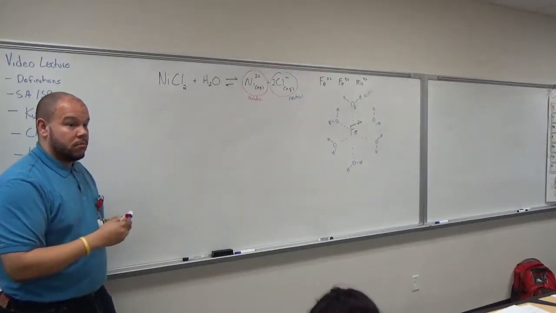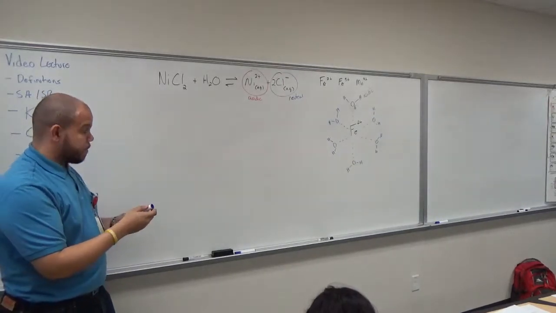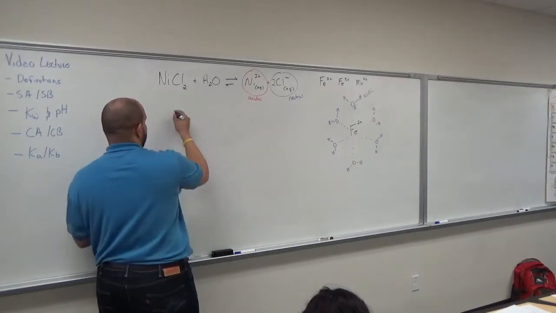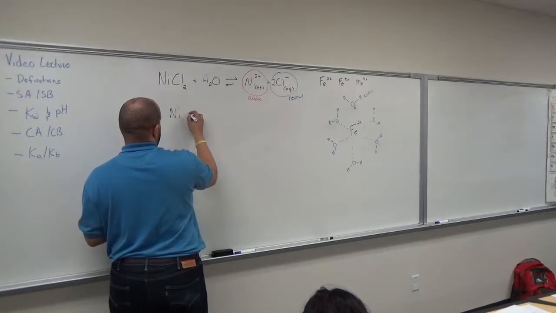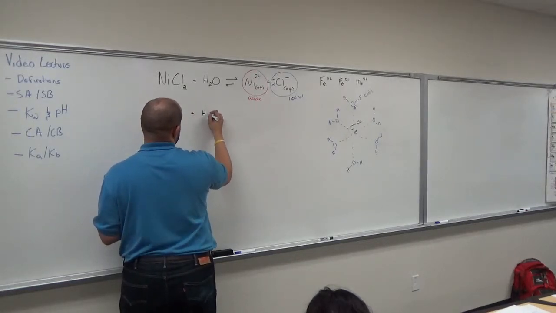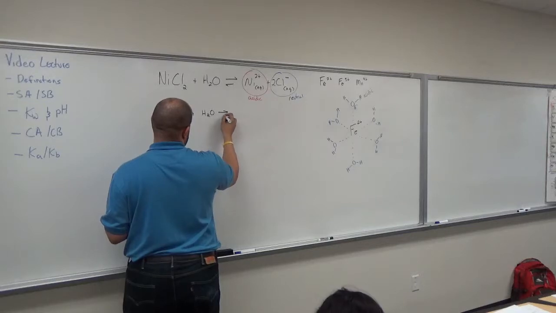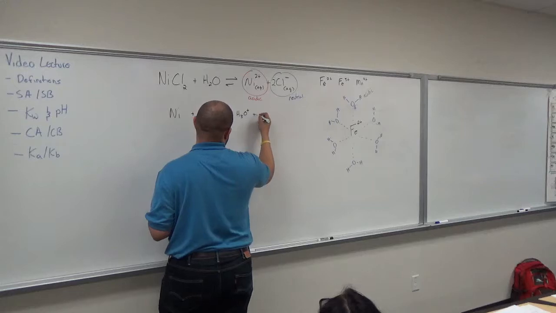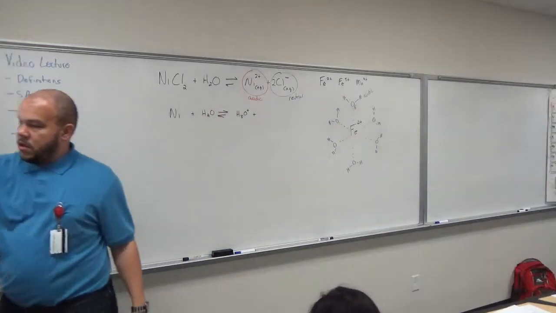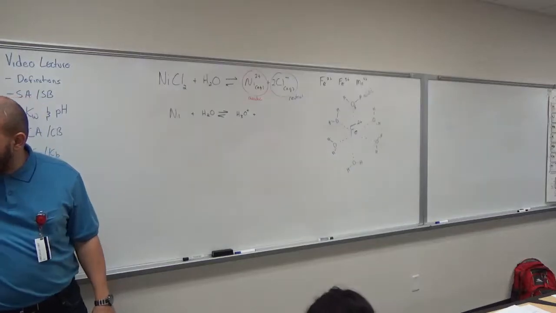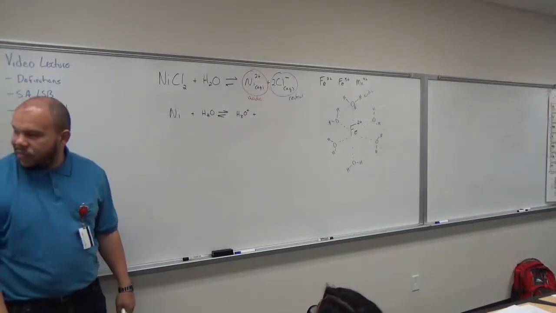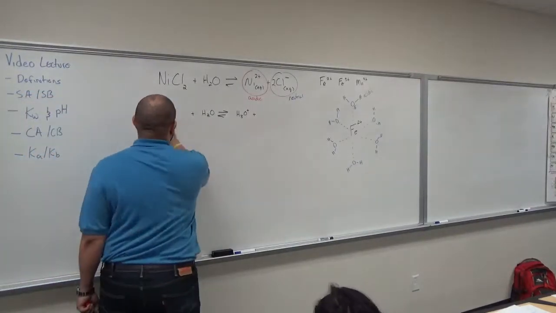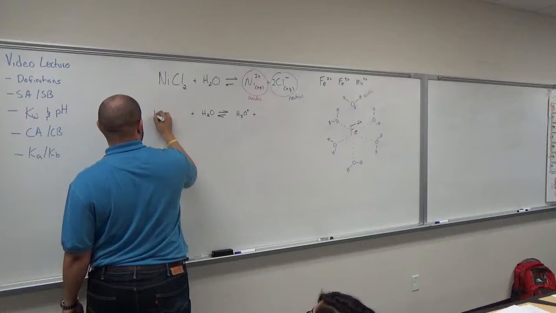Therefore, in solution, we would see nickel 2+ interacting with H2O to create H3O+ and the hydroxide, which they're showing here as octahedral.